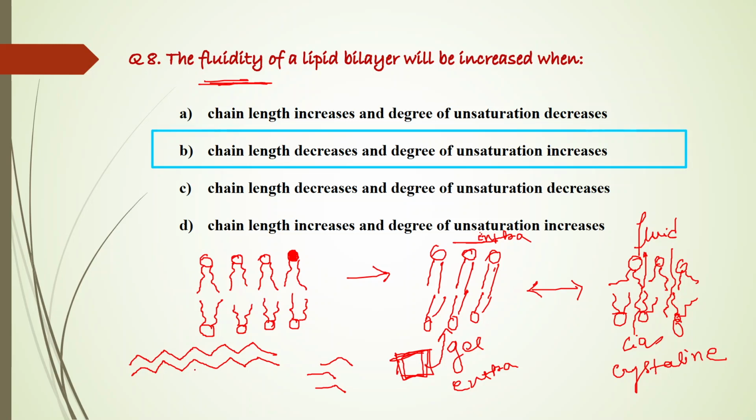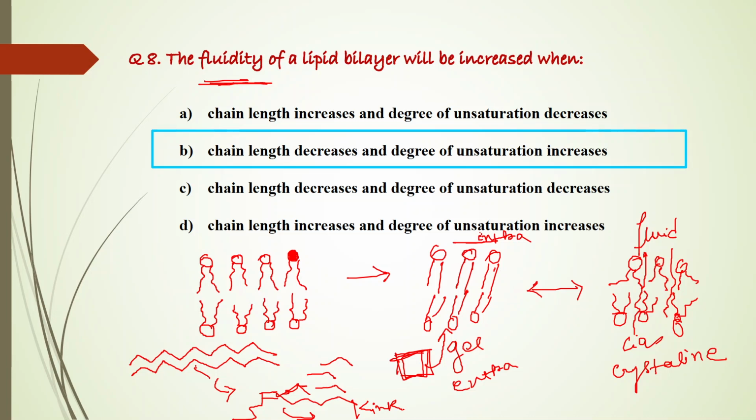But whenever you put a double bond here, it takes a cis conformation that looks something like this, which puts a kink in your system, and you will no longer be able to arrange them in a properly ordered crystalline state.